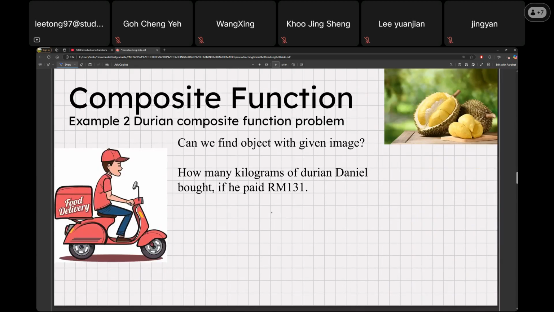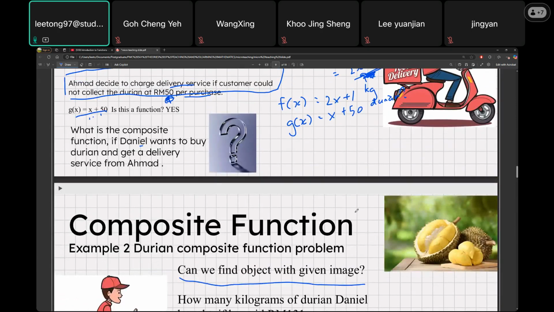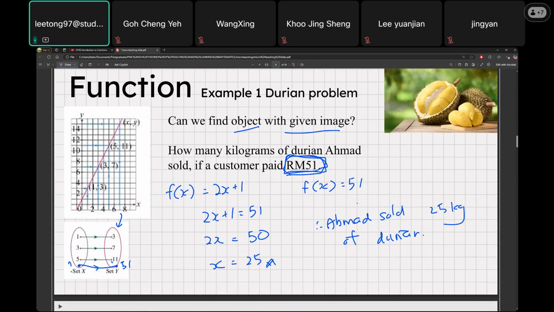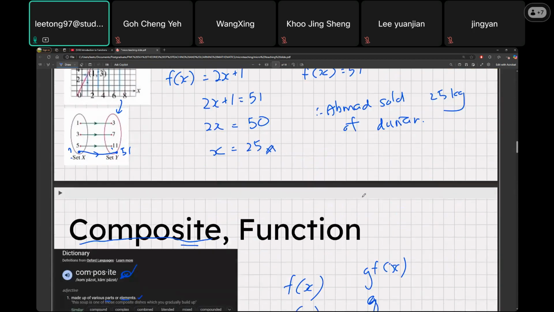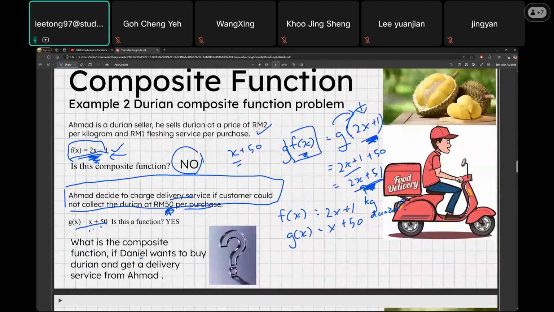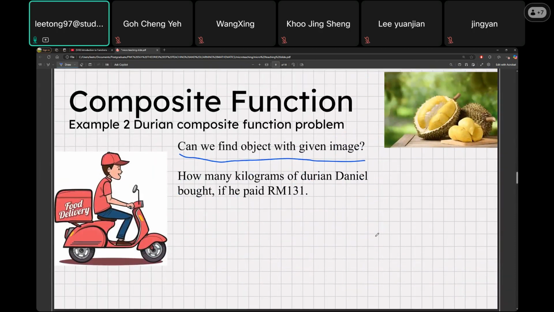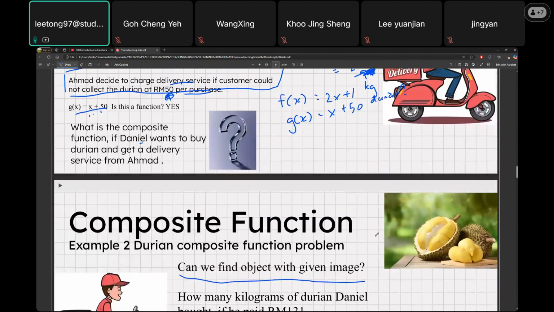This is our next slide. Can we find object with given image? It's the same as what we just did. What we want to find is using the composite function, this one.